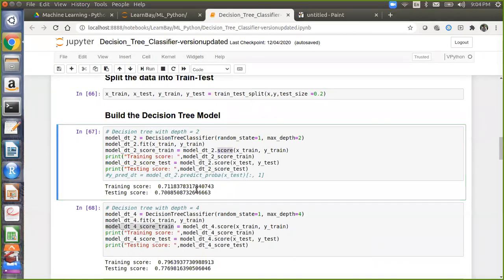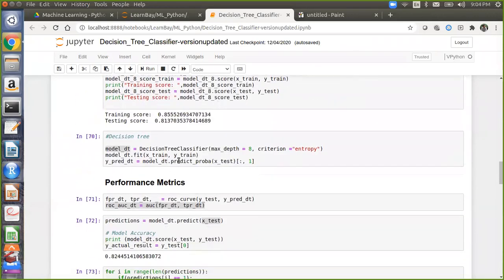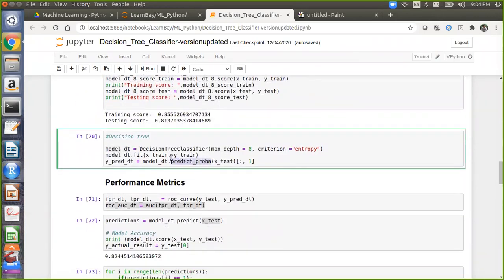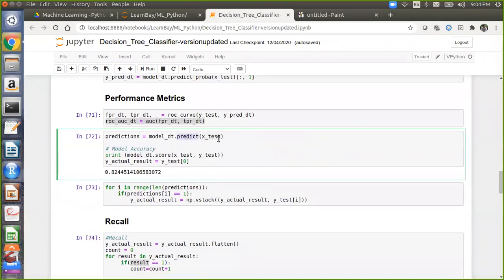If you want to see the outcome for customer 1 or customer 2, then you have to use the predict function. When you print the prediction, you will get a column of hundreds of rows giving you 0, 1, 0, 1, 0, 1.